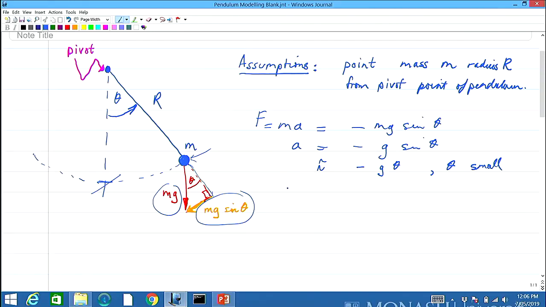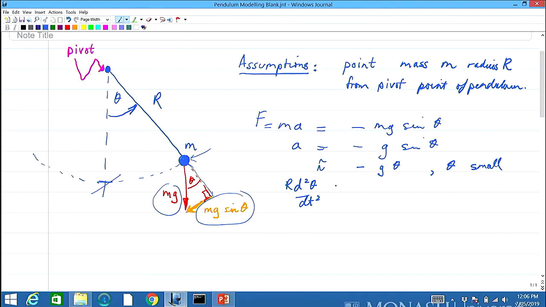Right, so the position is r times theta, so we can look at the second derivative of r times theta. So that's d squared theta by dt squared multiplied by r. r is a constant, so it comes out.